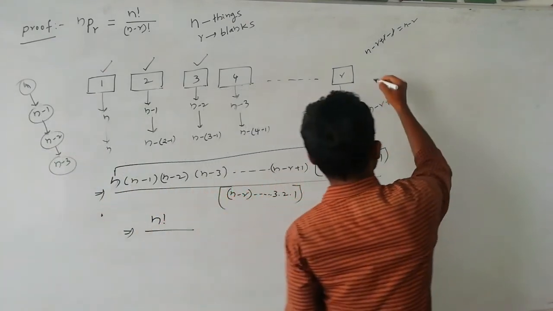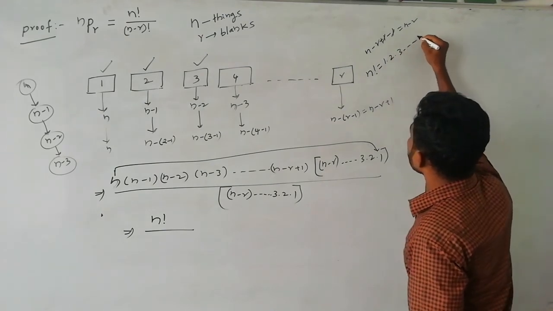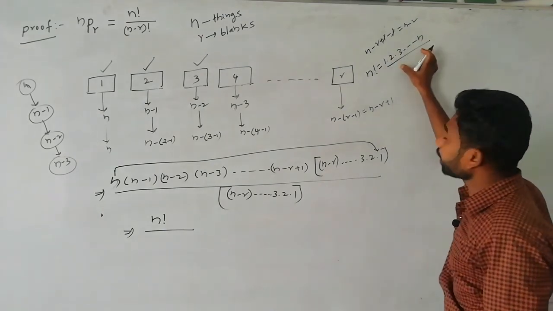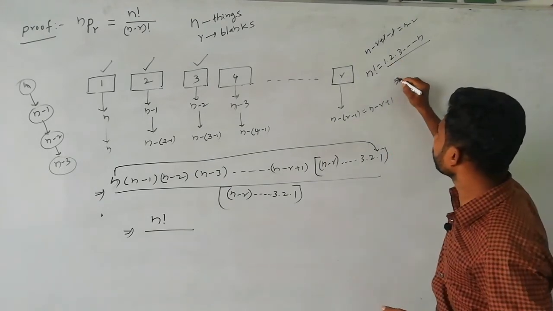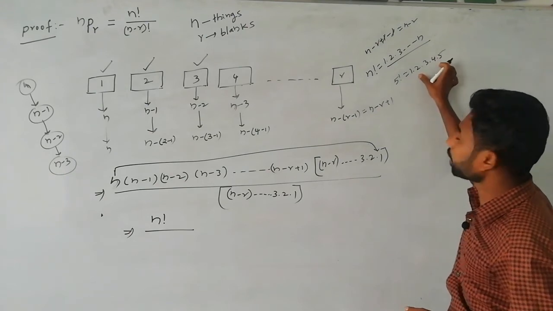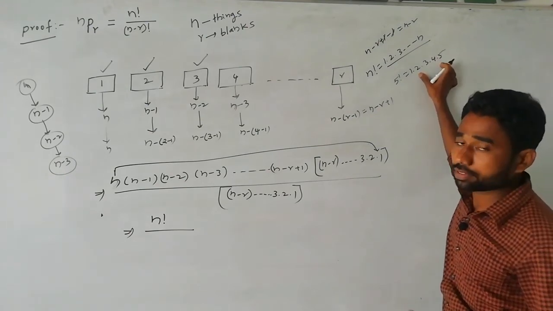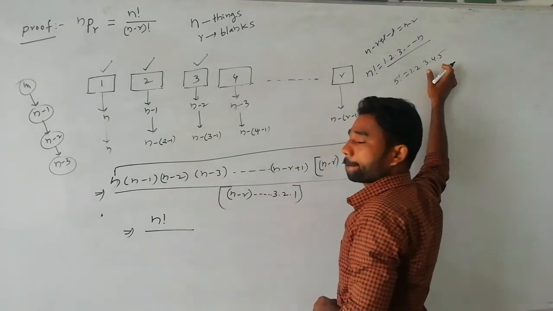What about n factorial? n factorial equals 1 into 2 into 3 and so on up to n. The product of n numbers is n factorial. The product of 5 numbers, 1 into 2 into 3 into 4 into 5, is 5 factorial. 4 numbers, 4 factorial. n numbers, n factorial.